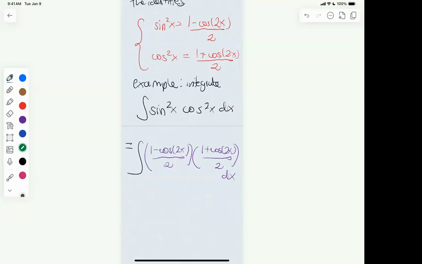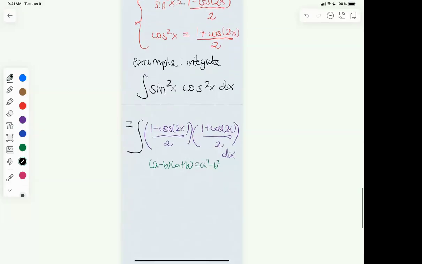For the numerator, you can use the difference of squares formula: a minus b times a plus b is a squared minus b squared. That is one I do expect you to remember, but if not, you can just FOIL and you would find it, but it saves you some time. Then the denominator is easy, that's just 4, and then you square 1, that's just 1, and square cosine of 2x.